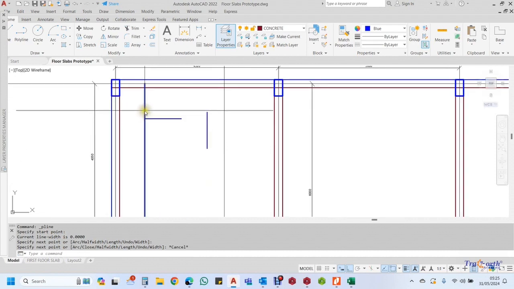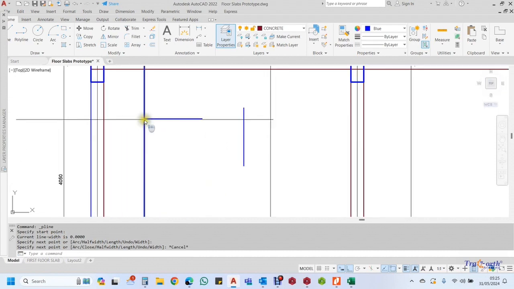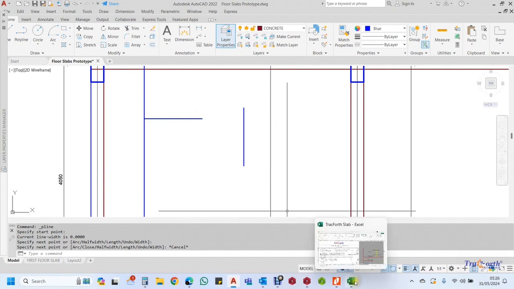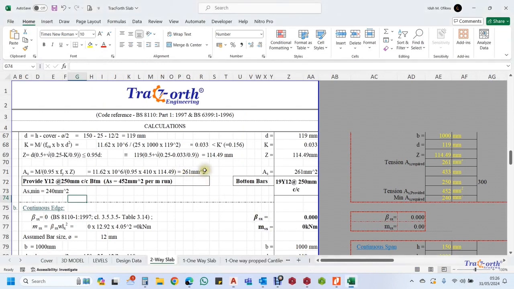So for our bottom reinforcement, what it means is that within this 1 meter run from this point to this point, the area you must supply there must not be less than 261 millimeters square. That is what that calculation is saying.